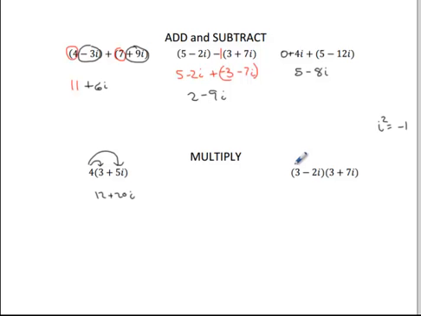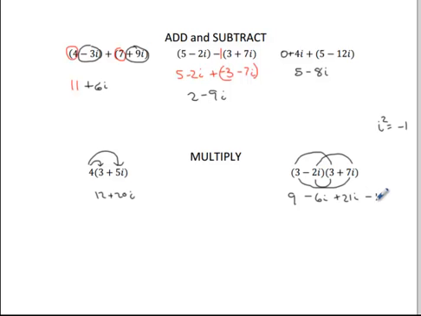So if I multiply 3 times 3, I get 9. Multiply negative 2i times 3, I get negative 6i. And then I'm going to multiply 3 times 7i, and I will get 21i. It's positive, so plus. And then finally, and here it is, I've got a negative 2 times a positive 7.